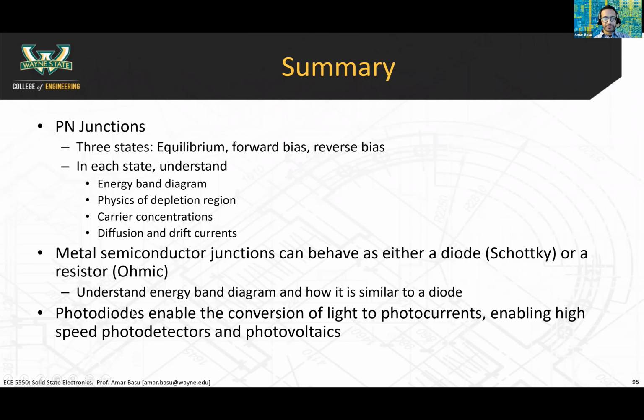And then in today's class, we talked about metal semiconductor junctions, which can either behave as a Schottky barrier diode or as an ohmic resistor, depending on what the work functions are and what the dopings are. Last time in class, we also talked about photodiodes that enable the conversion of light to photocurrents. And there's two types of photodiodes that are often used. You can use this in the photodetector setup.